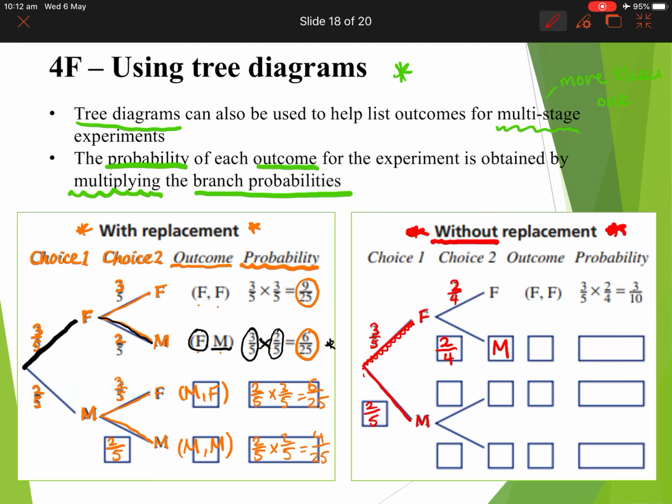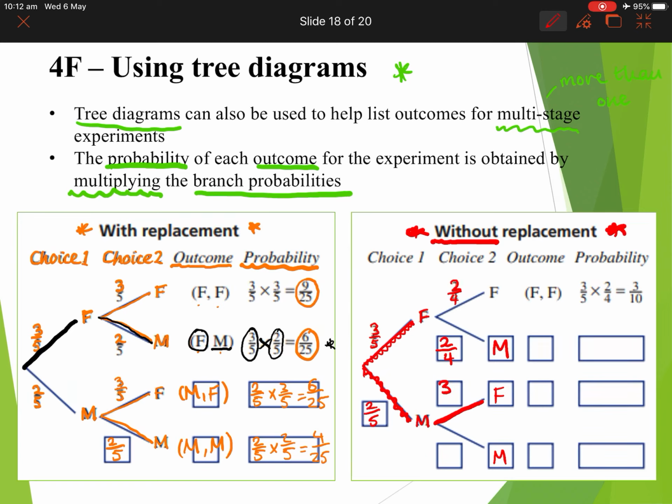Okay, so below, you might choose a male first. Then you can choose a female or a male second. So if you chose a male first and then a female, at this stage, the female count isn't affected because you've had a male first.